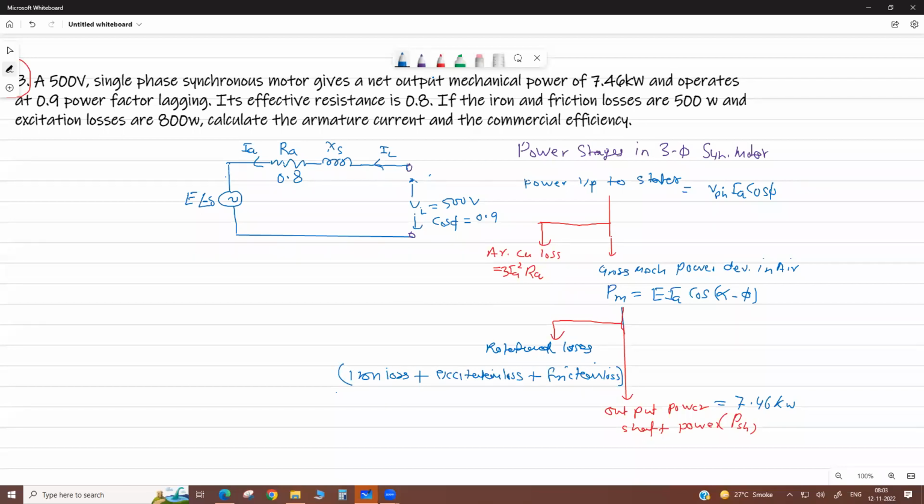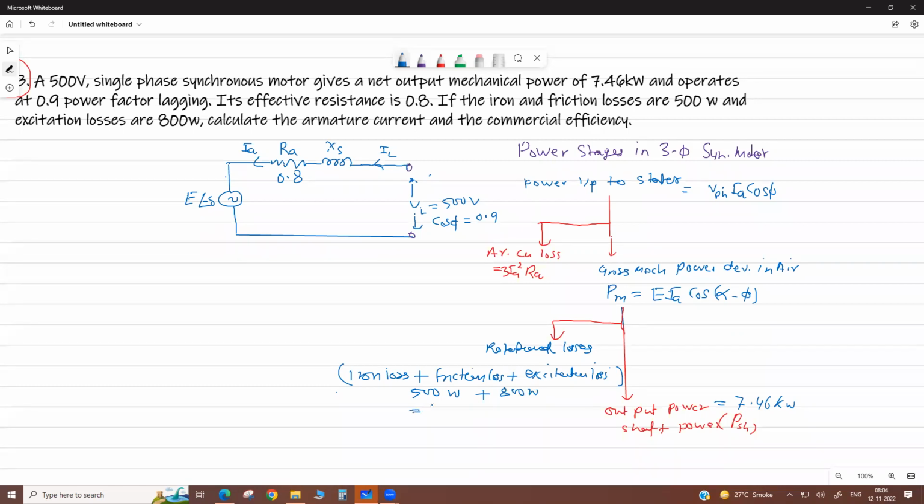Here iron and friction are mentioned combined, 500 watt, plus excitation loss of 800 watt.